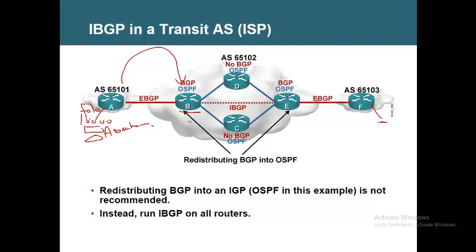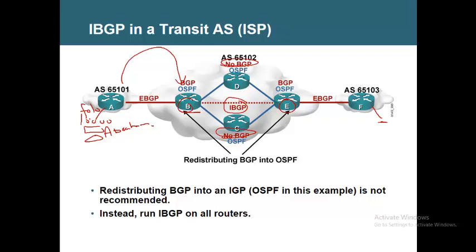And a few minutes before, in the previous class lab, we learned that B can form IBGP neighbor directly with E without having BGP on every hop.